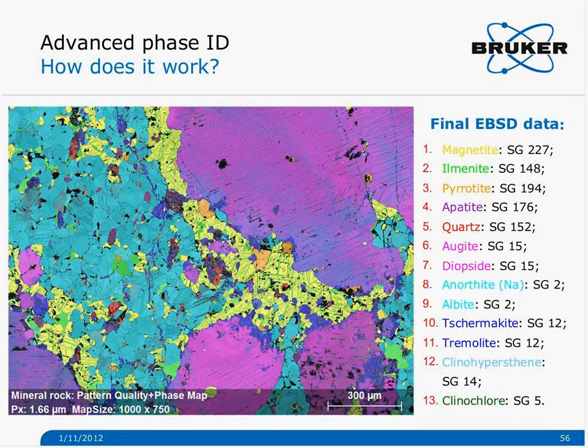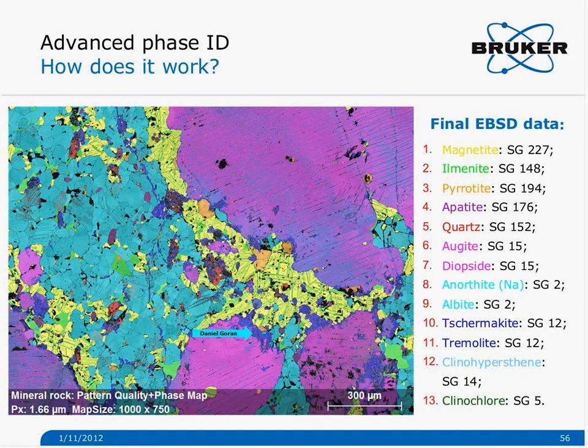So in this map, we've identified 13 phases. You see the clays in light blue, and part of probably the primary magnetite in a rock like diorite, and some product of the alteration in dark blue, the hornblende and amphibole.